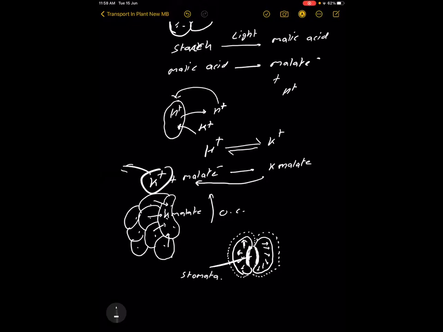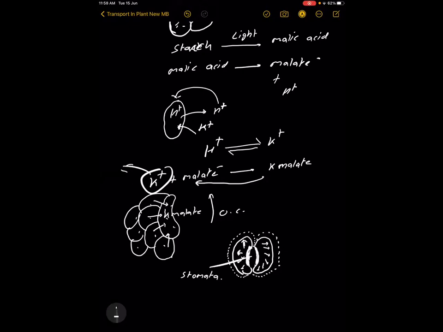Does the stomata close and open rhythmically, sir? Rhythmically, yes, this is the rhythm. Rhythm means day-night rhythm. So rhythmically, it is possible.